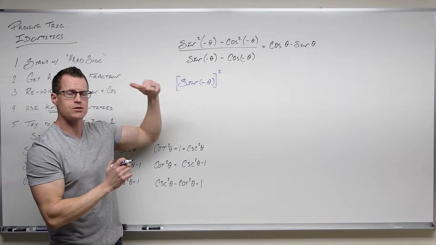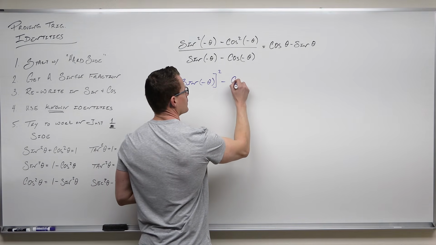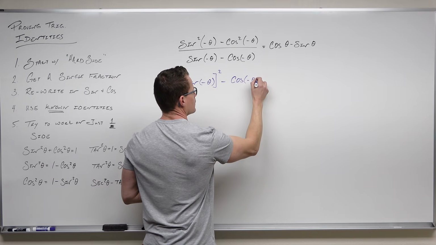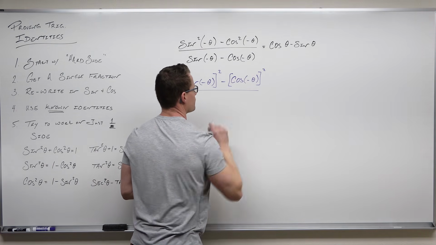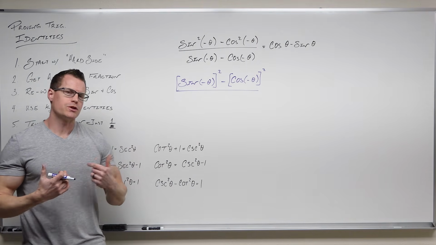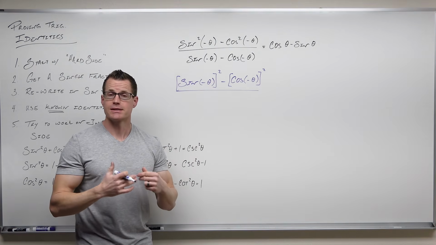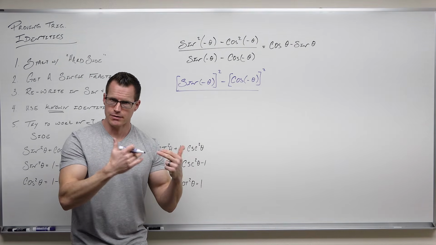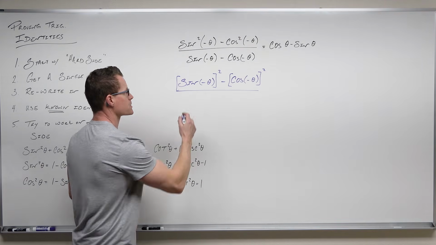Sine squared negative theta means this thing right here, all over. Let's start using the even and odd identities. So sine of negative theta is the same thing as negative sine theta. Opposite inputs, opposite outputs for odd functions.